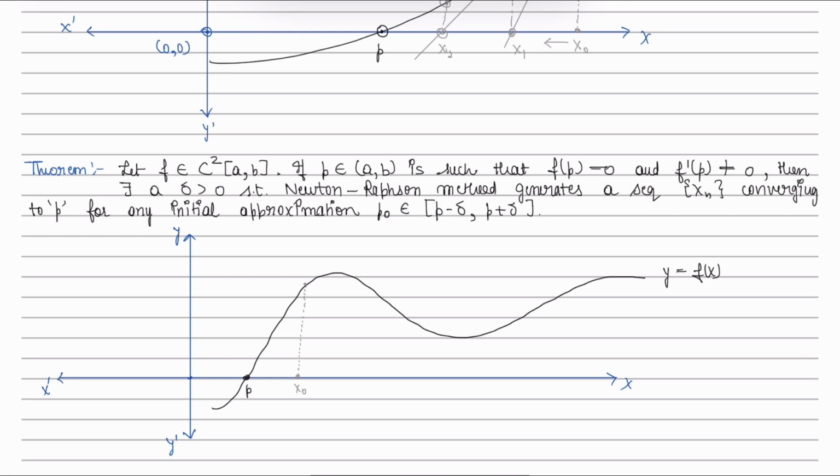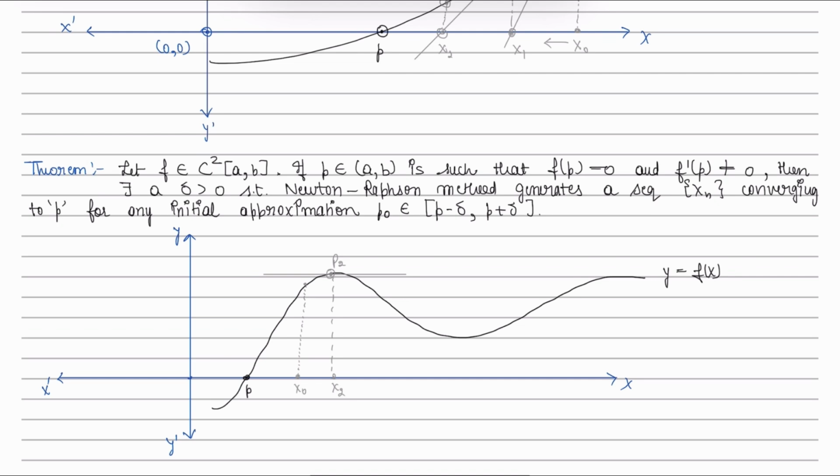But the case when we take the initial approximation as x2, then the tangent at the point p naught is parallel to the x-axis. So the slope of tangent at this point will become 0. So this method will diverge.